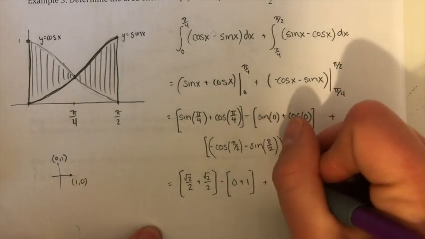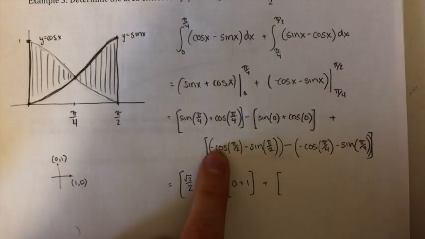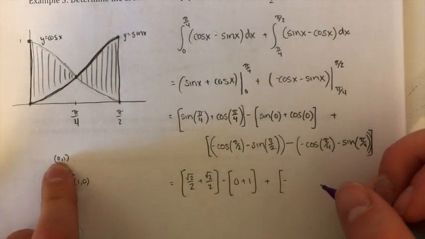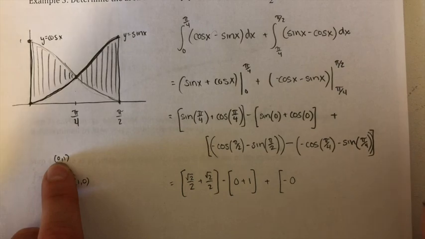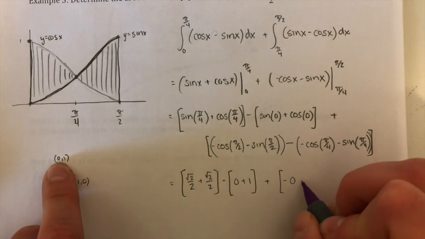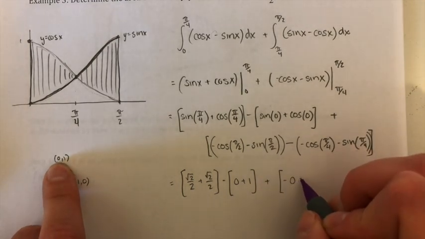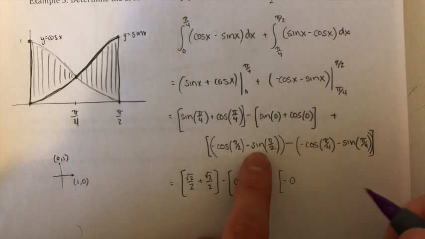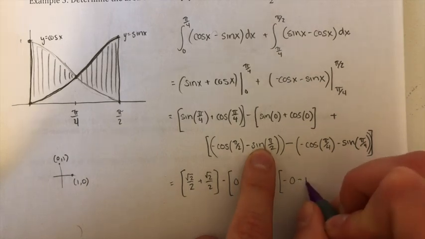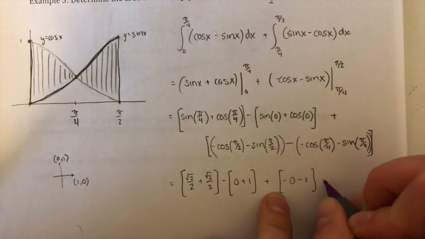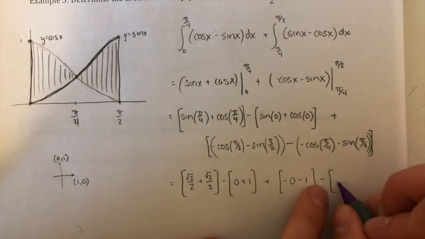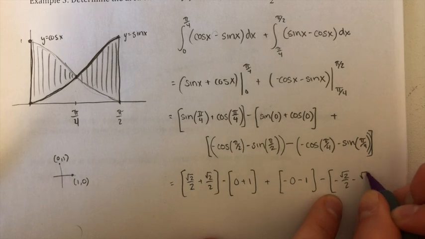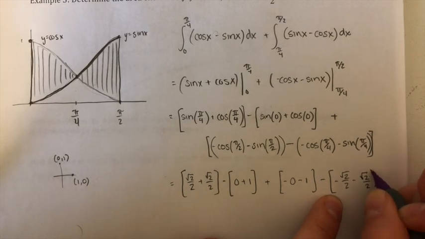And then plus negative cos of pi over 2. So cos here, that's negative 0. And then we've got minus sine of pi over 2, so minus 1. And then minus this guy, so negative root 2 over 2 minus root 2 over 2.